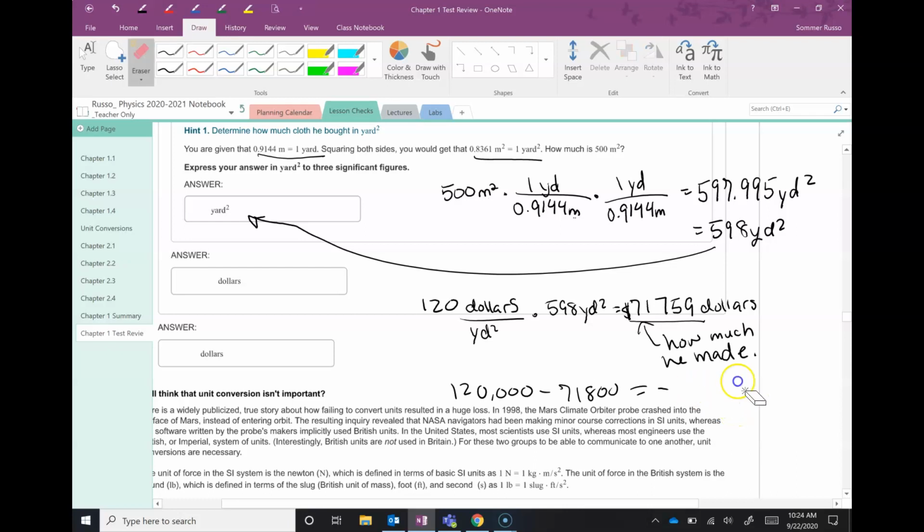Whoops, nope, hold on. I can't type in my calculator. All right, he lost $48,200. Yikes.